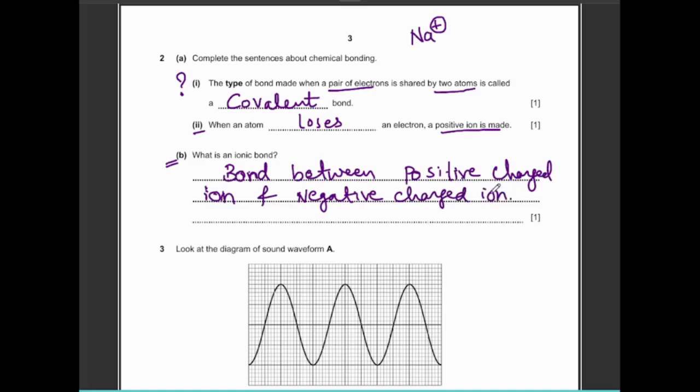Fine. So a bond between, or attraction between, you can write here. The word bond can be replaced by attraction. So attraction between a positive charged ion and a negative charged ion.